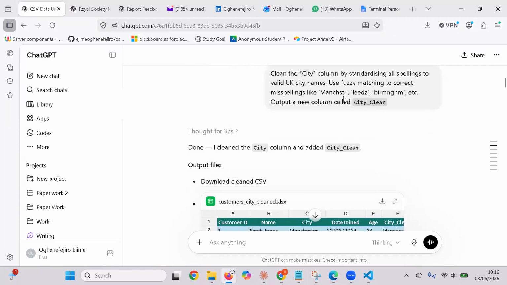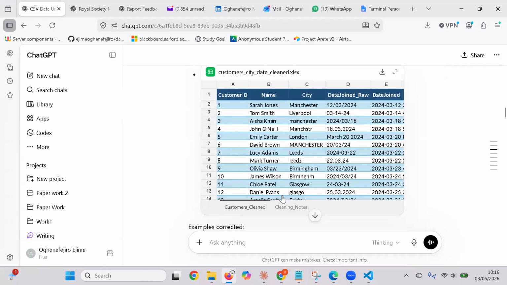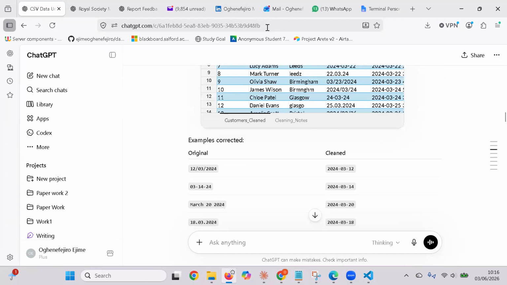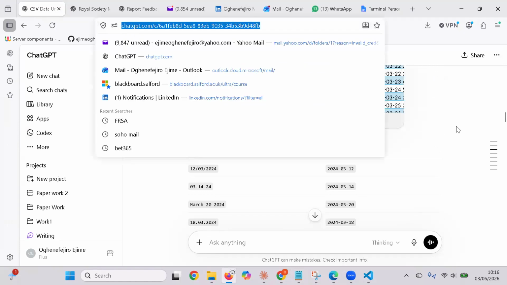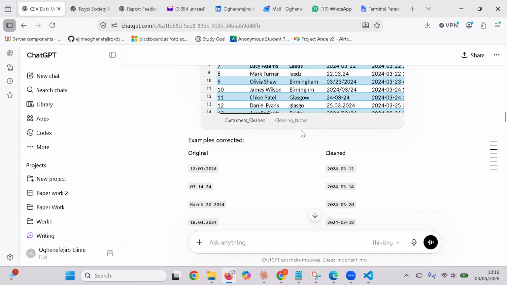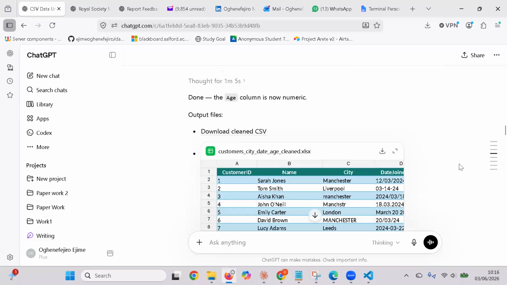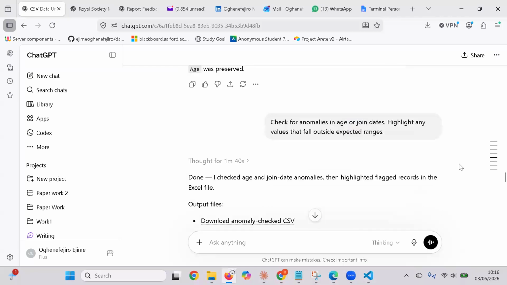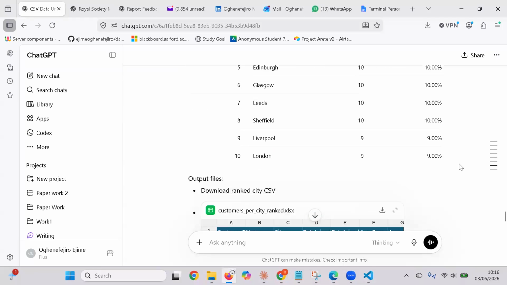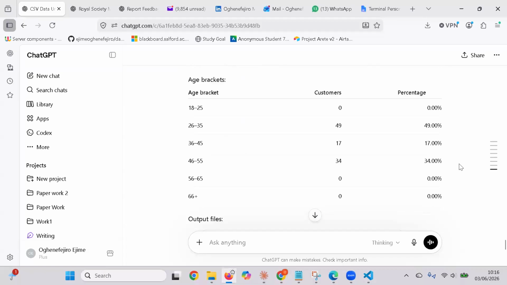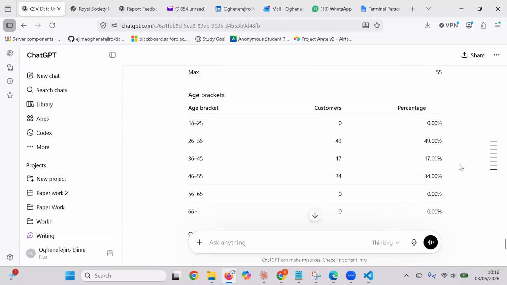It did that. Then we asked it to clean the data. It cleaned it, meaning this tab history has understood our data. So as we continue moving forward, it will keep referencing the data again and again. That is exactly what it's doing.